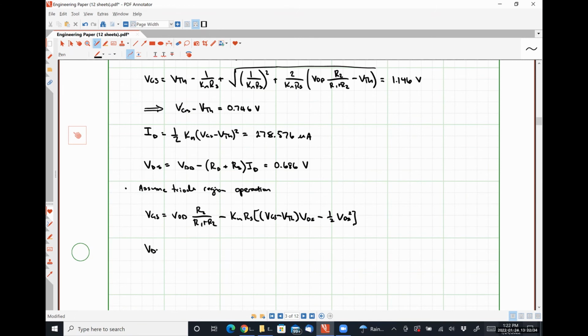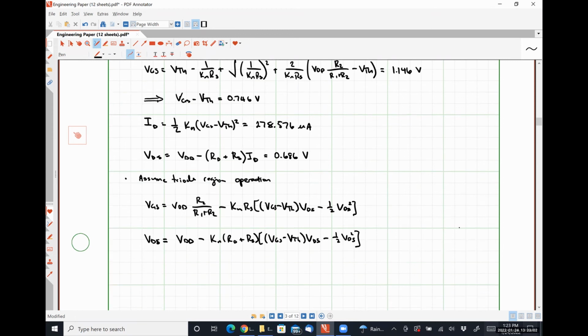Our second equation is VDS is equal to VDD minus KN (RD plus RS) times (VGS minus VTH) multiplied by VDS minus 1/2 VDS squared.